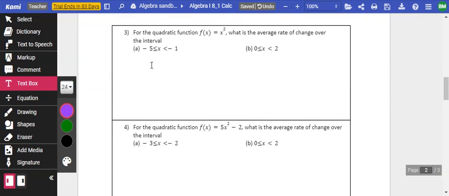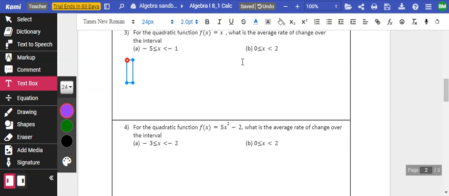Okay, we're going to move down to where it's not graphed and where you have to plug it in. So I'm just going to look at number 3 right here, and then I'm going to let you guys do this.